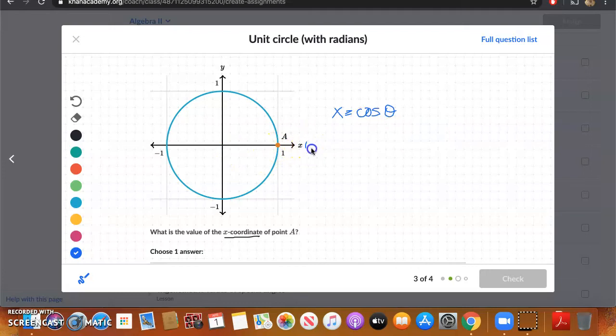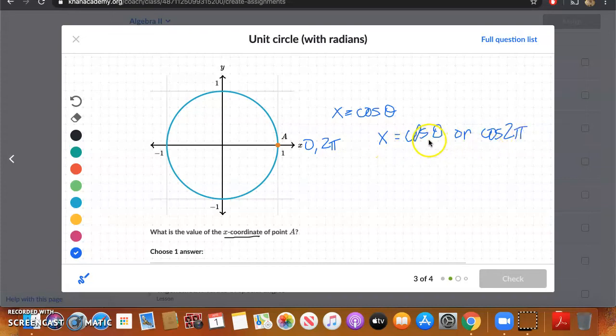It's 0, or 360, or 2 pi. So that's our value for theta. In order to find x, we would just have to do x is equal to either the cosine of 0, or the cosine of 2 pi, correct?